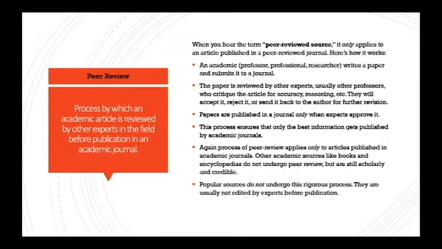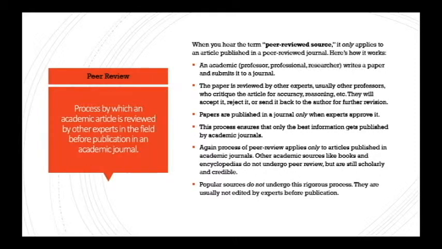Then the paper is reviewed by other experts, usually other professors, who critique the article for accuracy or for reasoning and so on. They will either accept it, reject it, or send it back to the author for further revision. Papers are only published in a journal when all of the experts approve of it.